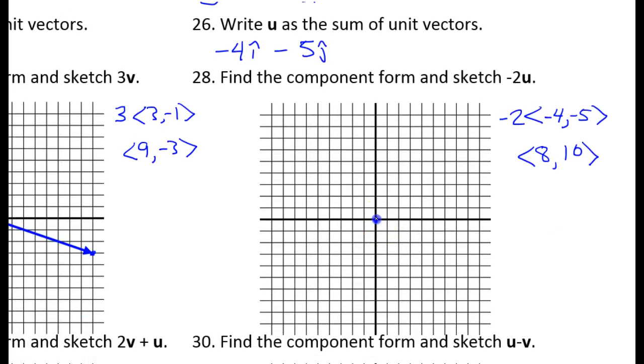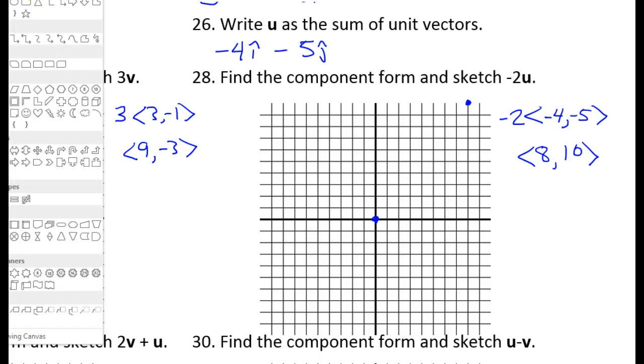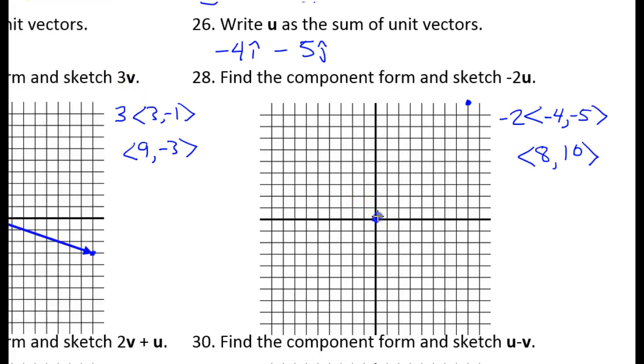Okay, so again, I'll just start this from the origin, and I will go right 8 and up 10. So right 8 and up 10 would be right here. All right, so there's a sketch for us.